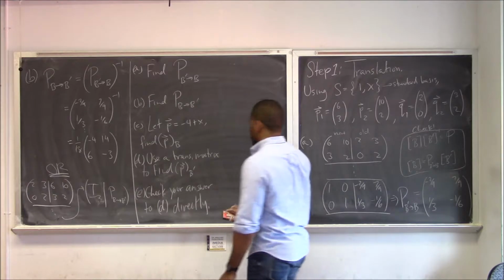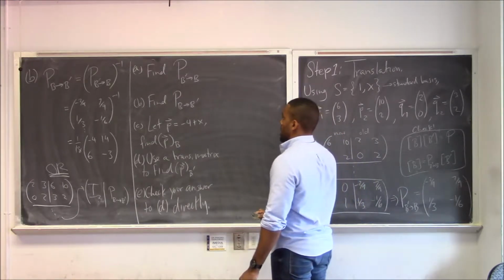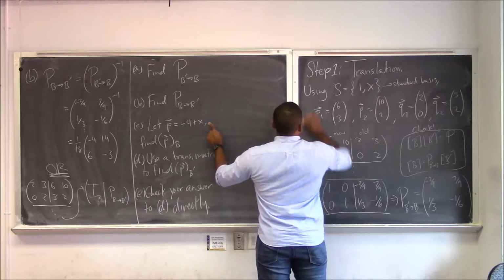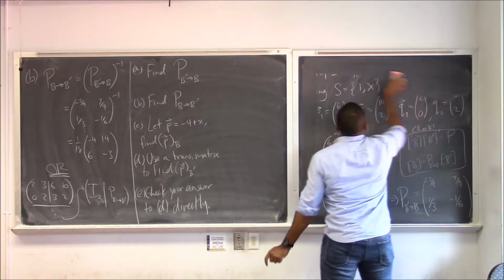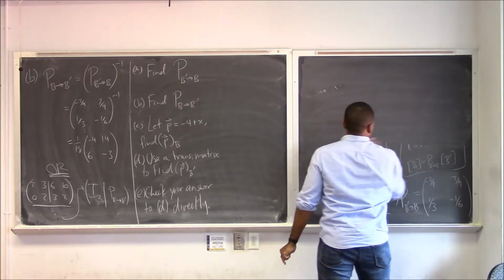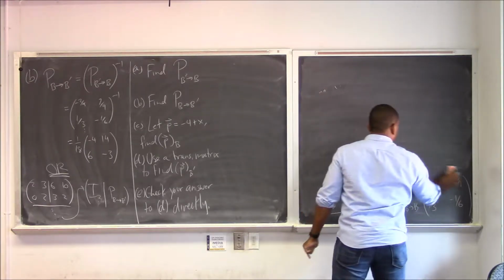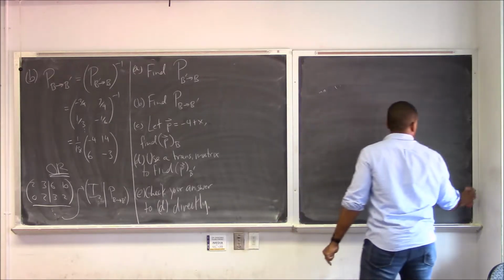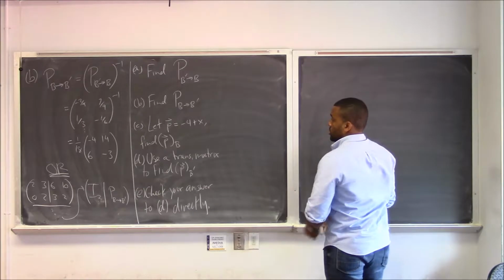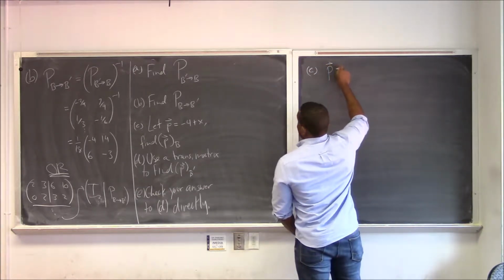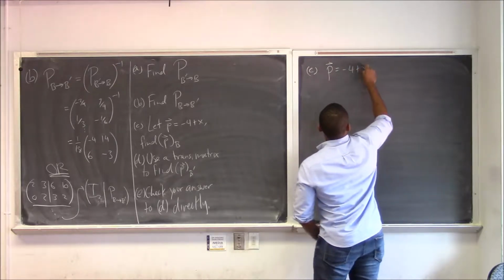Let's leave this there. So that's your A and B. So this is a vector. How do I find its coordinates in terms of the basis B? So p is equal to minus 4 plus x.